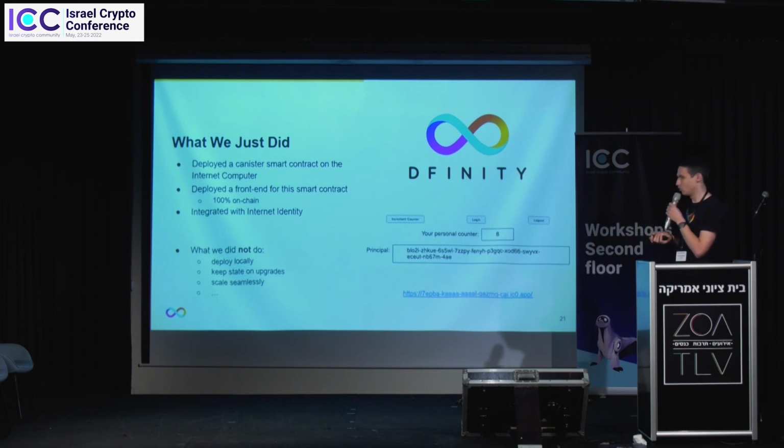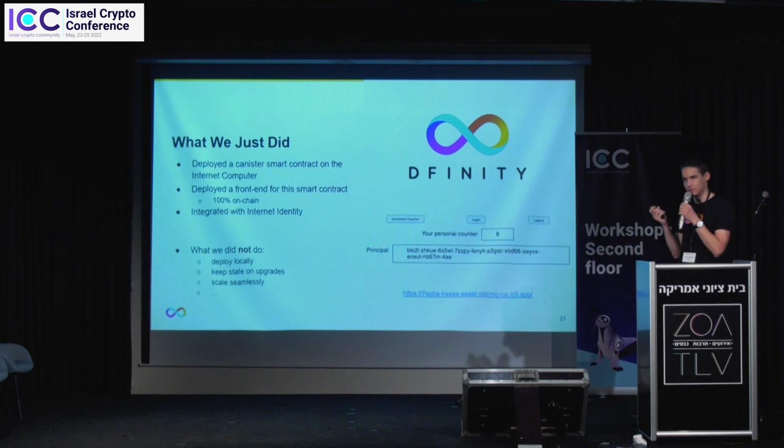And also, while the Internet Computer does scale seamlessly and can host as many smart contracts as you want, your personal counter one doesn't. So if you suddenly get like 1 billion users all wanting to have their personal counters on your personal contract, you're going to run into problems with space, with throughput, with stuff like that.